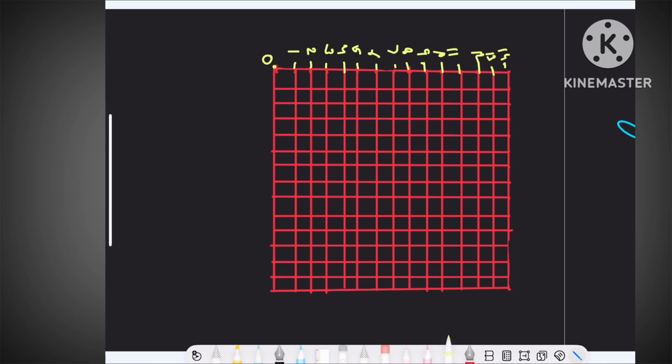And here also 1, 2, 3, 4, 5, 6, 7, 8, 9, 10, 11, 12, 13, 14.